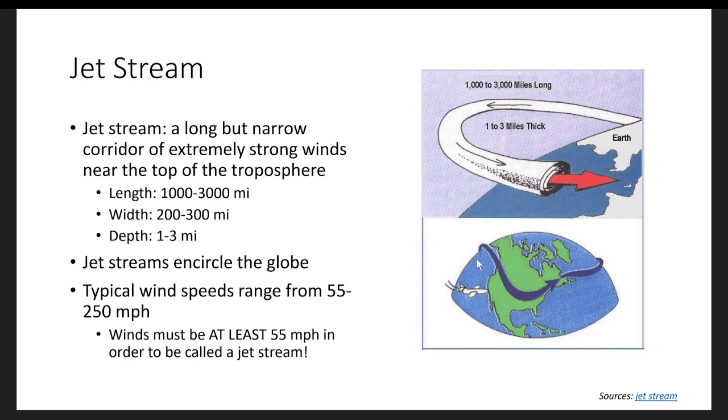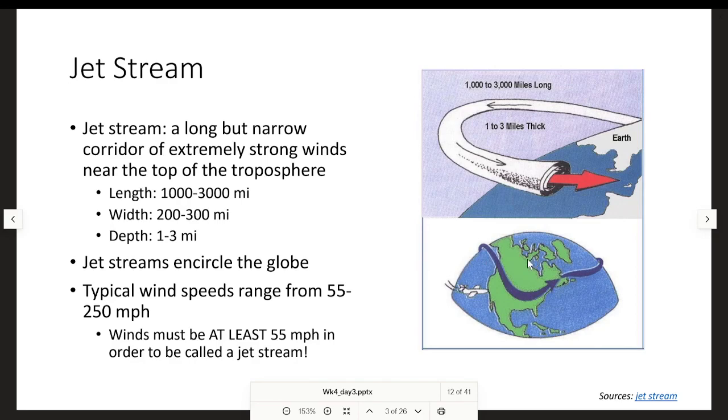They encircle the globe, and they love going through the United States. Thank you, jet stream, because this thing creates really good weather, like bad, but good for us. Typical wind speeds range from 55 to 250 miles per hour. This thing is moving, and it must be at least 55 miles an hour to be called a jet stream.